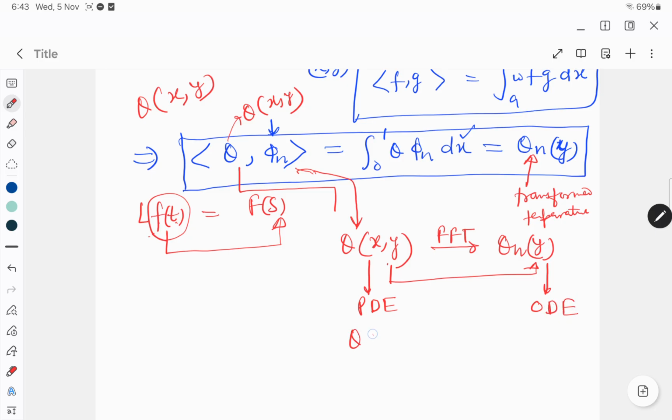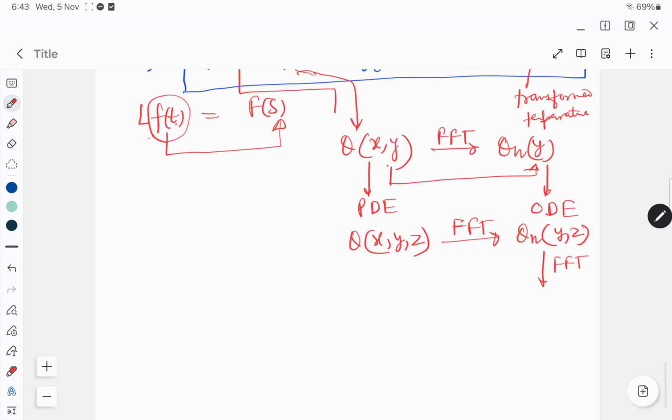Similarly, if you have x, y, z, and suppose you first take the FFT with respect to x, then x is eliminated and you get a function of y and z. Then again take the FFT, let's say this time with respect to y, and you will get theta n as a function of z. So you have converted the partial differential equation into an ordinary differential equation.